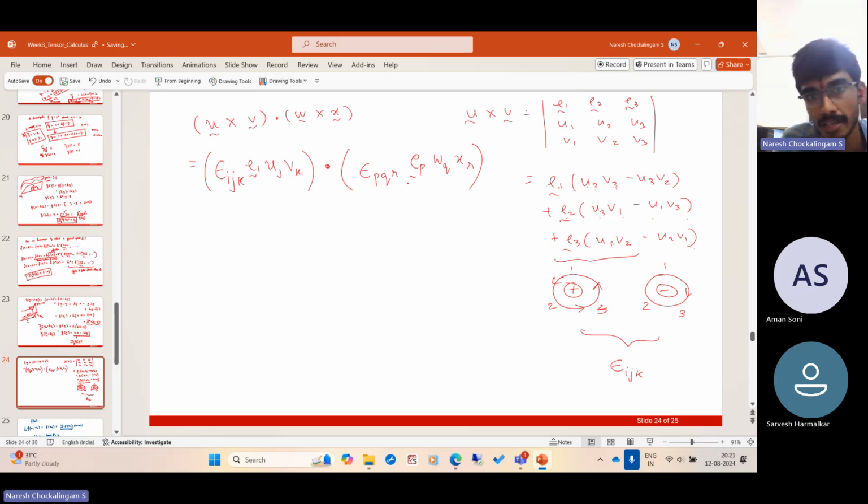Now uj, vk, wq, xr, and the epsilons are all components. They are all scalars, so I can take them separately. I can write epsilon ijk, epsilon pqr, uj, vk, wq, xr, and you can dot product the vectors ei dot ep. But what is ei dot ep? Ei dot ep is delta ip.